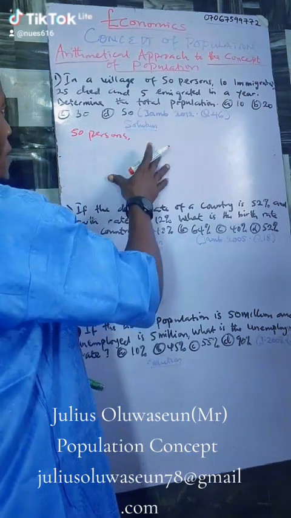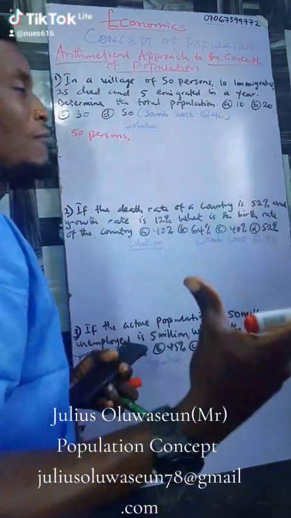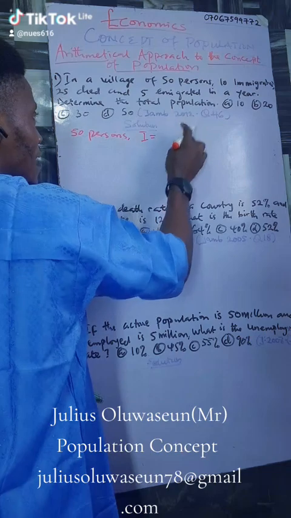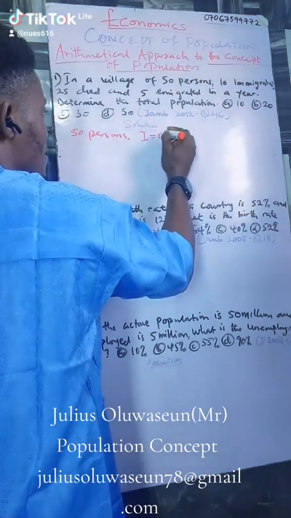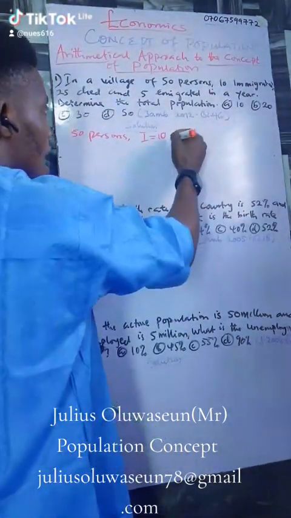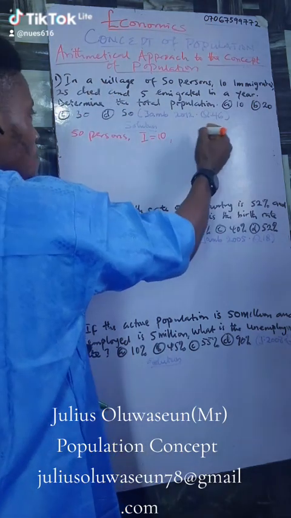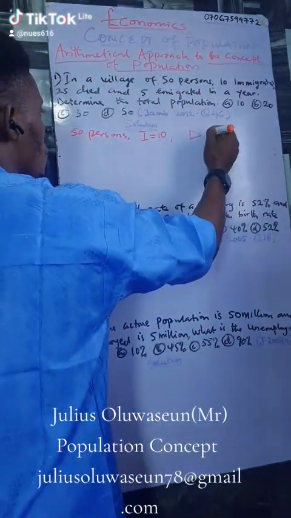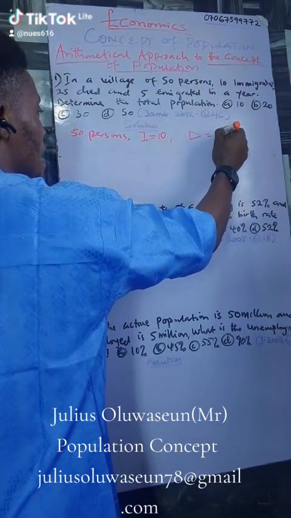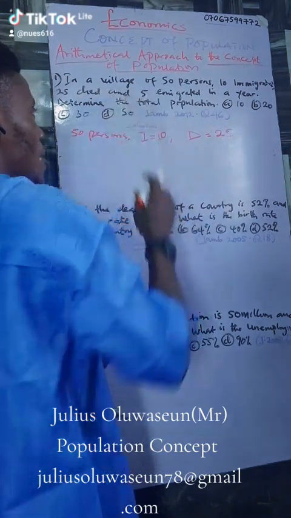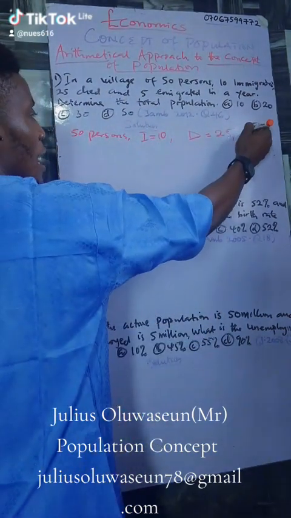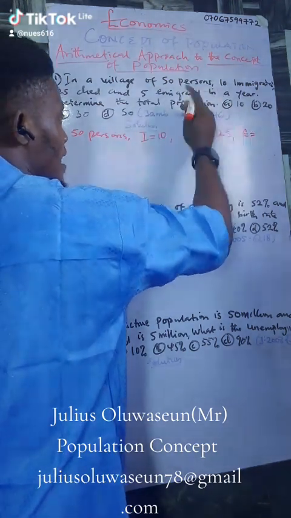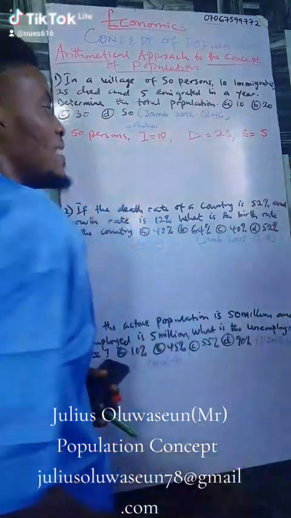Going by the description of the question, we can represent our immigration with the alphabet I. There is 10 immigrated, we have 10. And the death rate we can represent as D. So how many people died? 25 people died, going by the record. And we also have the number of emigrated people, those people that left the country. They are 5.